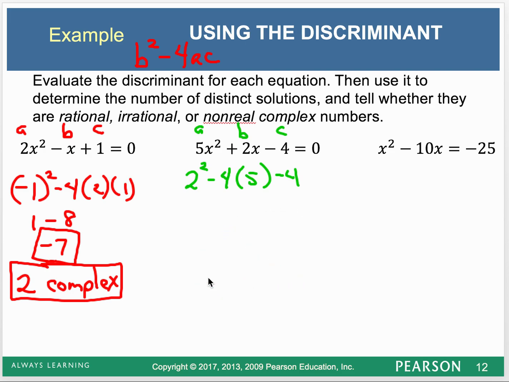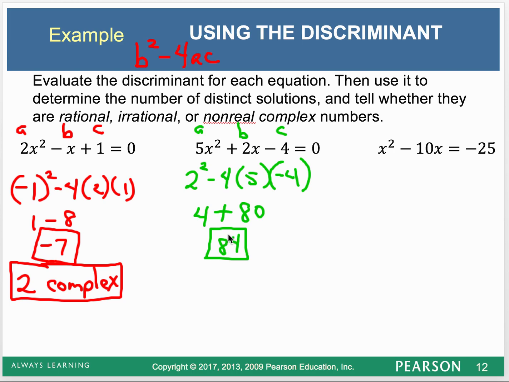I'm going to just say I did that on purpose just to make a point, right? Okay, notation is important. This is 4 times A times C, right? Okay, so B squared minus 4 times A times C, which is 4. Now I've got two negatives, so that's plus. Okay, 20 times 4 is 80. So your discriminant value is 84.